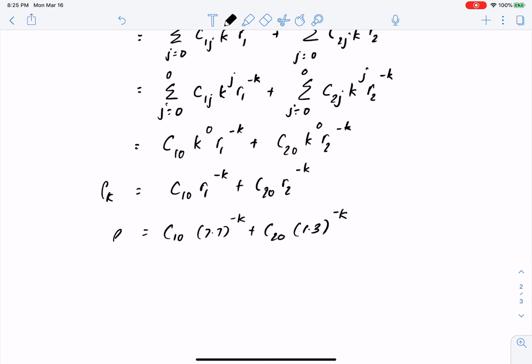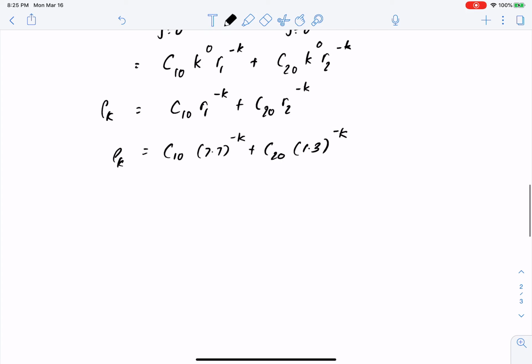Raise k. So that is our expression for row k. But if we have to find the constants C10 and C20, we will need to have the autocorrelation functions.